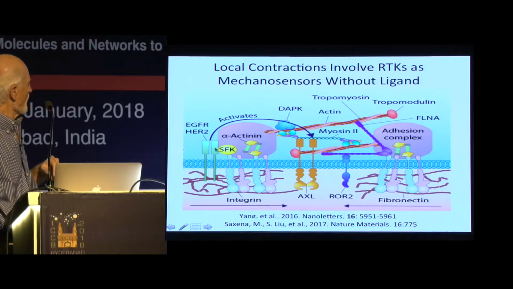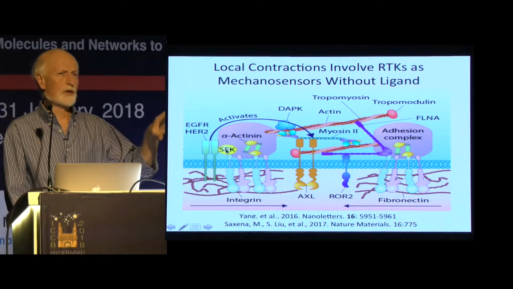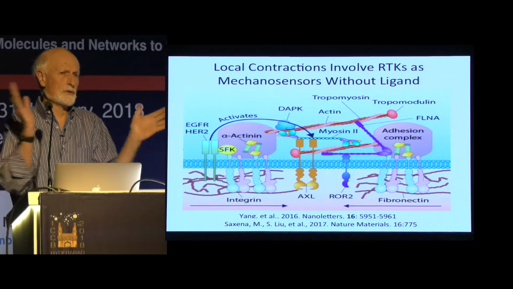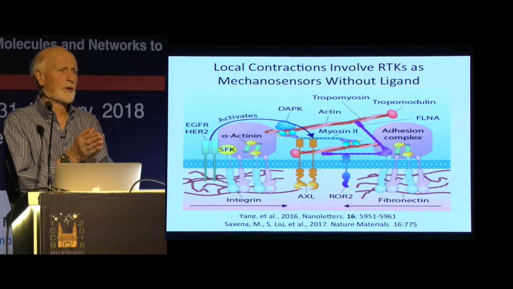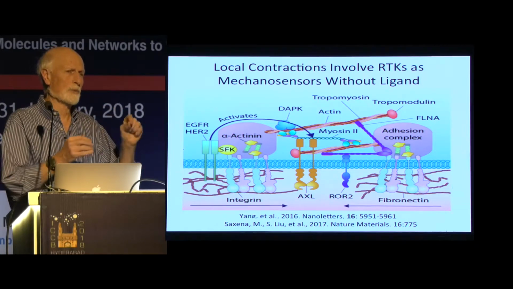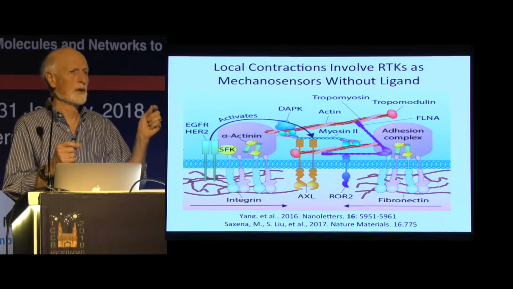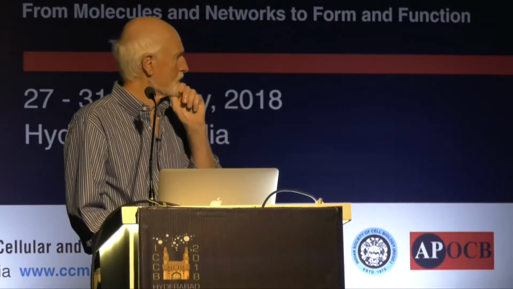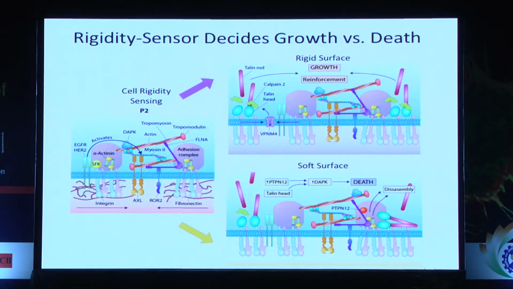And this is all activated by EGFR and HER2 in a SRC-dependent manner. So all of these receptor tyrosine kinases in this function appear to be involved, acting without ligand and acting as mechanoregulatory components.